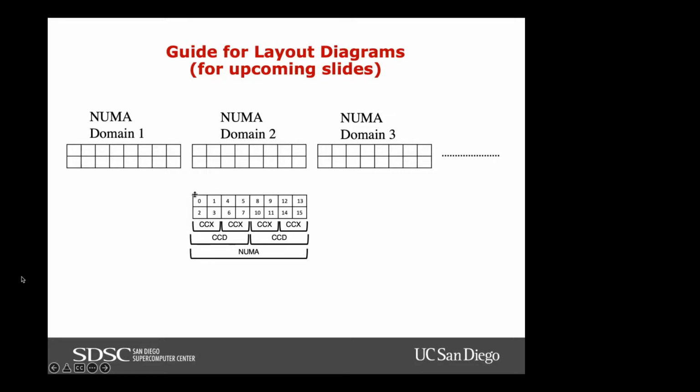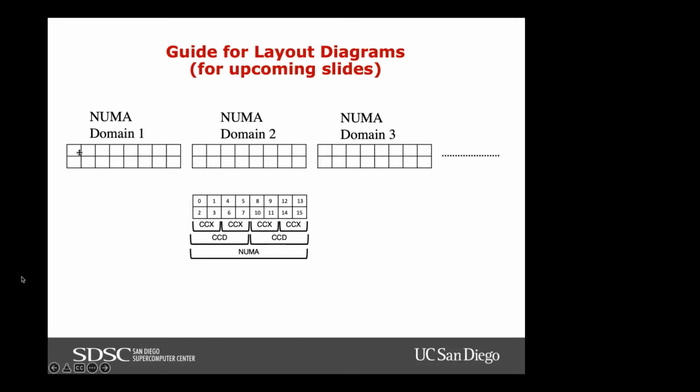Think of it as basically a CCX next to each other, and then the CCD combining those two. And all 16 of these end up in one NUMA domain. Remember, we are doing NPS 4, so you have 2 memory channels per quadrant, and that is in one memory access NUMA domain, right?